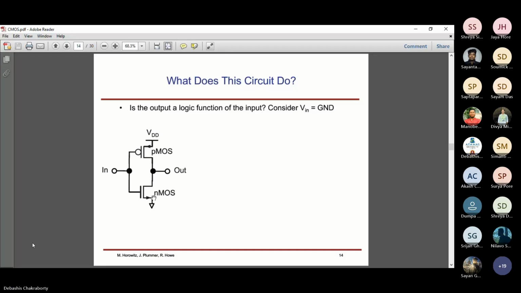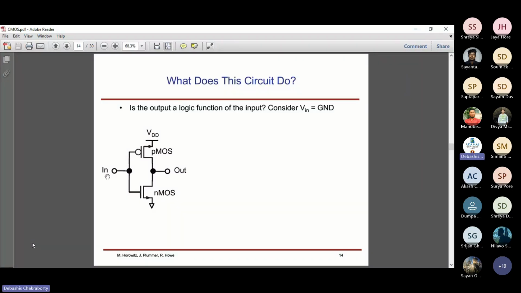So the source for PMOS is connected to VDD and the source for NMOS is connected to ground, and now we are joining the drain terminals of the PMOS and NMOS devices like this. We are joining both the drain terminals together, and also we are connecting the gate terminals of both the NMOS and PMOS to have a common input gate terminal.